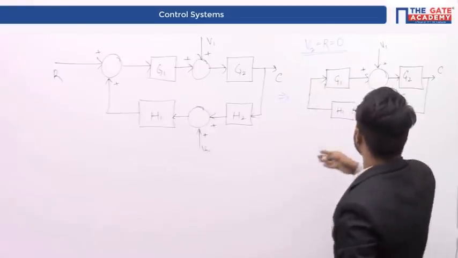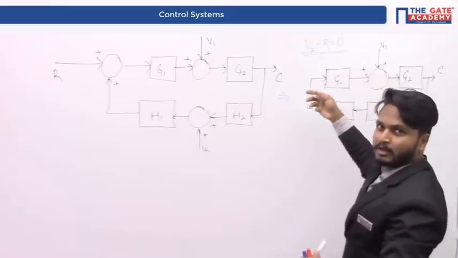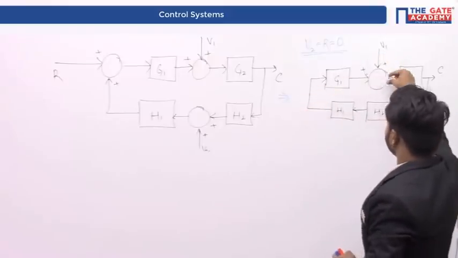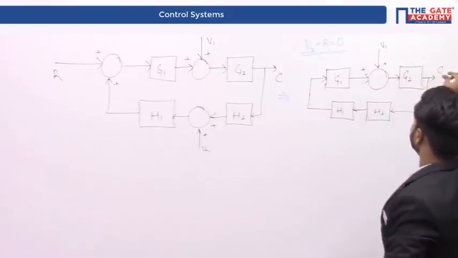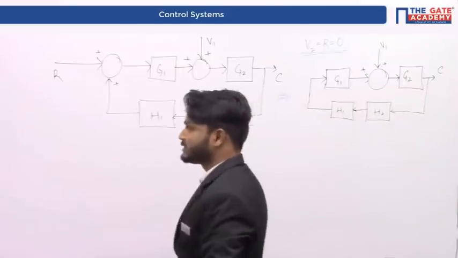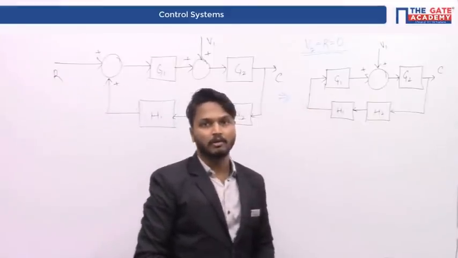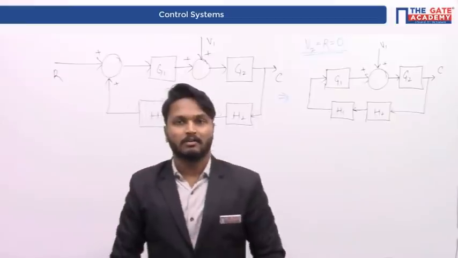So you can clearly see here from V1 to the output, the input and output are connected by only this particular forward path from V1 to C. Therefore, G2 will be placed in the forward path, whereas this H1, H2 as well as G1, all the three will be placed in the feedback path.